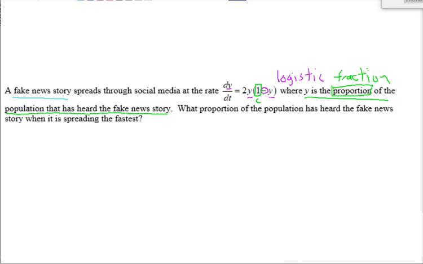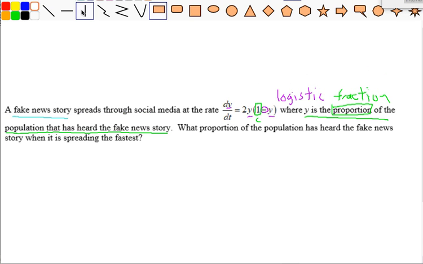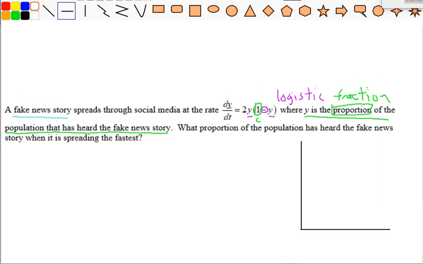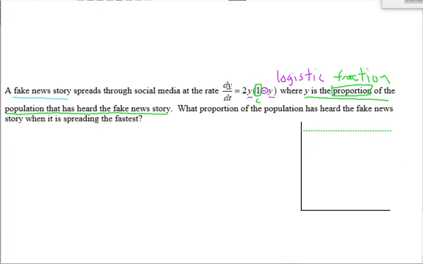So when we draw our graph, we're going to still have that horizontal asymptote right at the carrying capacity. And you can see it's 1, because when the proportion is 1, that's like 100%. That's like when everybody has heard it.